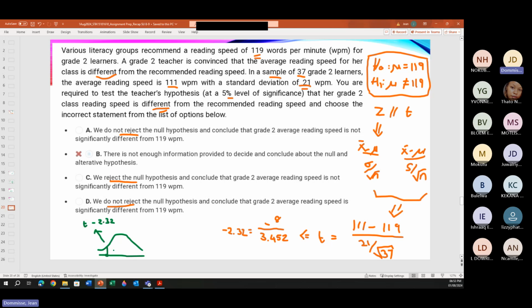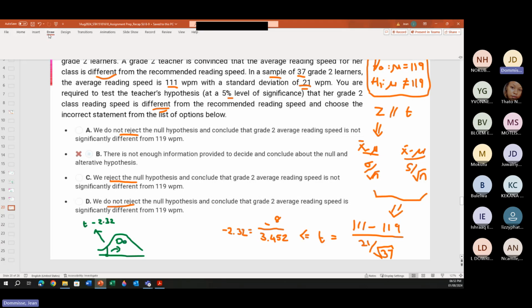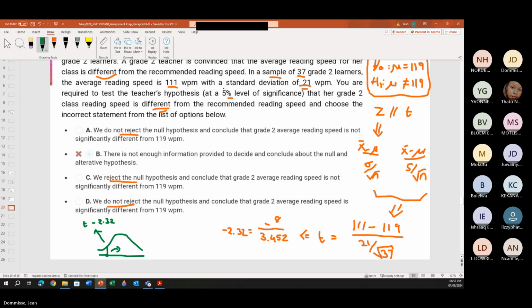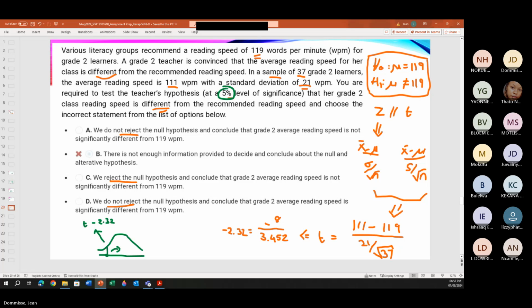If our critical value lies on this side, let's first look at where it is before we make that decision, because it's also going to be in the wording. We test at 5% level, and it is two-tail, but it is a t-test.